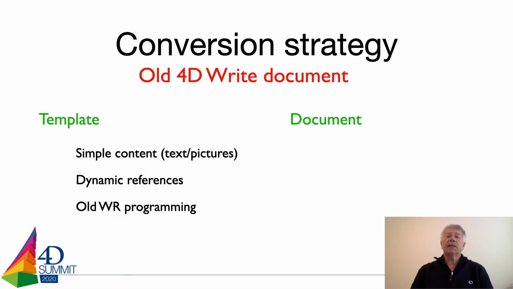The second kind of documents are existing documents, created yesterday or 35 years ago. Sure, the documents created yesterday with the current version of old 4D Write should be in good shape and reduce possible problems. But what if the documents get older and older?